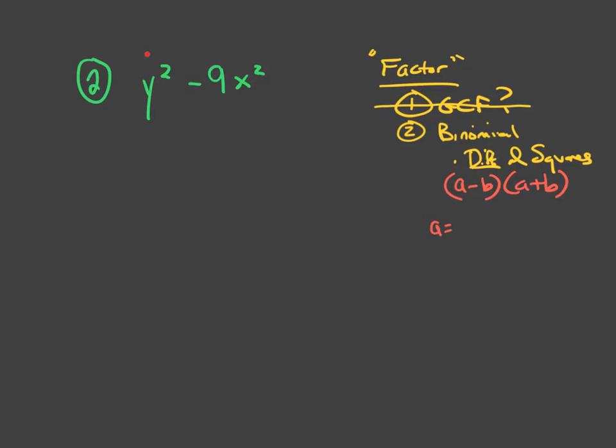Square root of y squared is y. And then b, square root of 9 is 3, and then the square root of x squared is just x. So again, once you've got a sorted out, once you've got b sorted out, you're just subtracting them and adding them. So a minus b, and then a plus b.